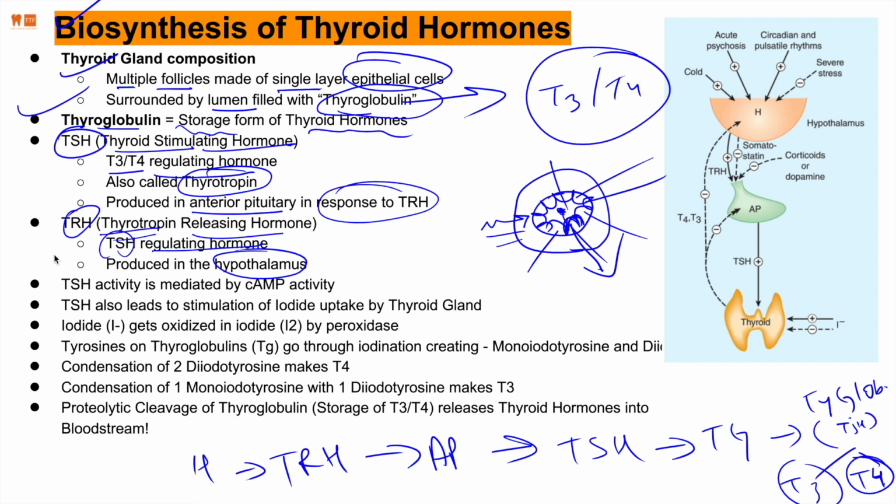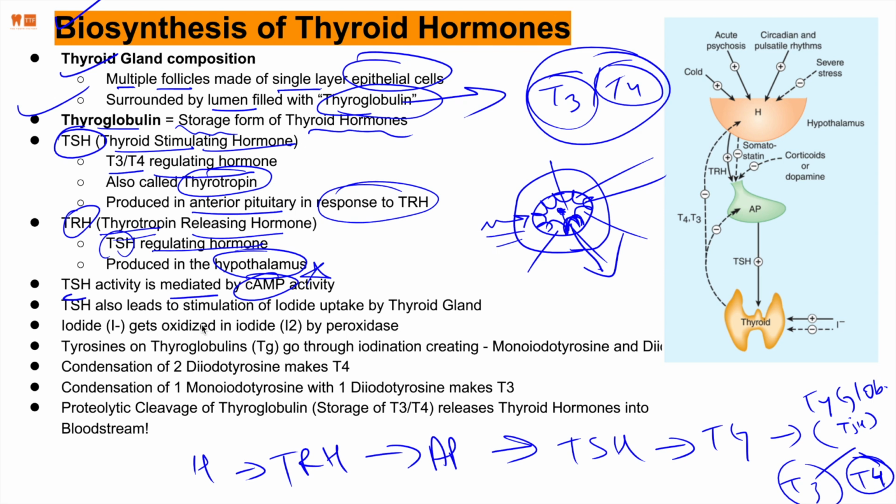But how is it actually produced? How do you make T3 and T4 and then store it? Let's see. TSH activity is mediated by cAMP, cyclic adenosine monophosphate activity. It's more of a stimulant.